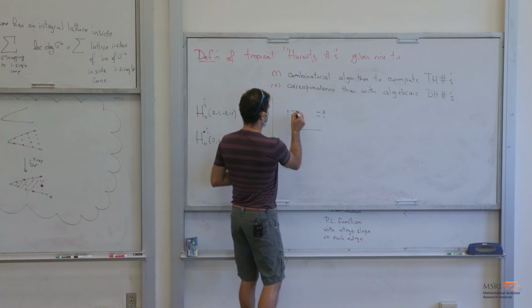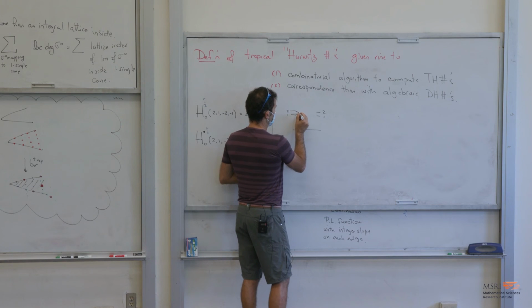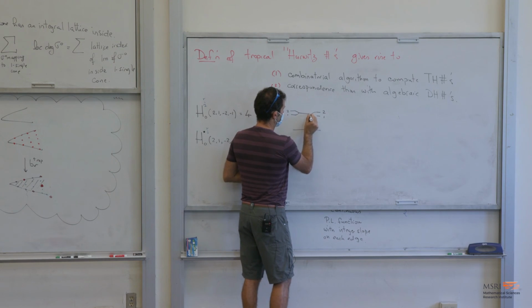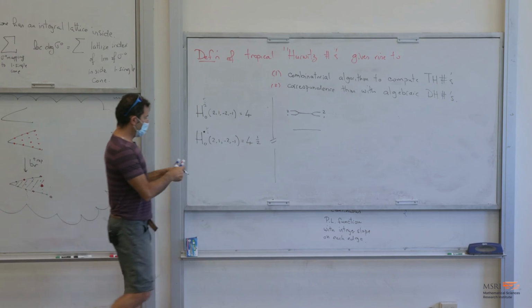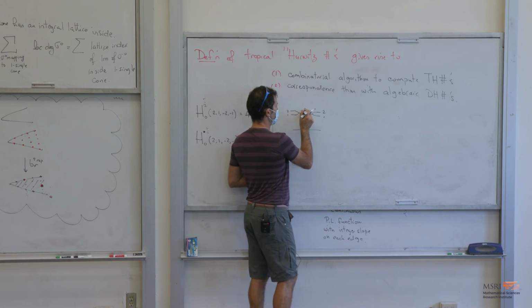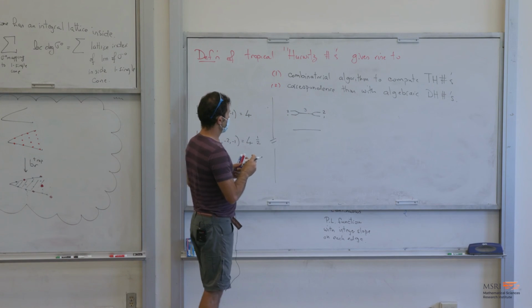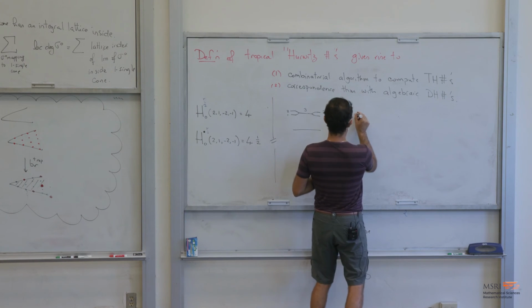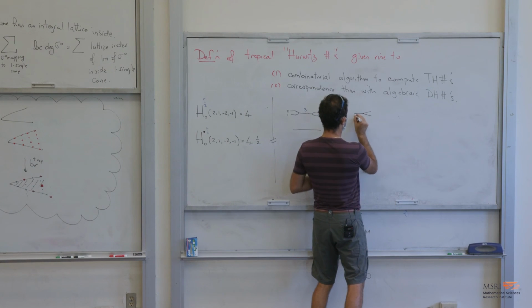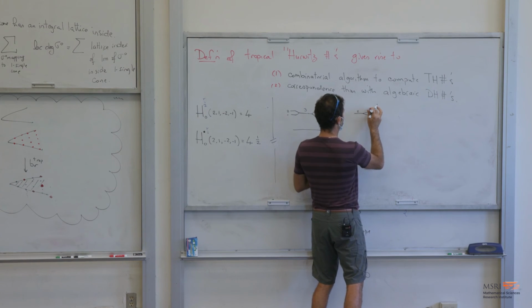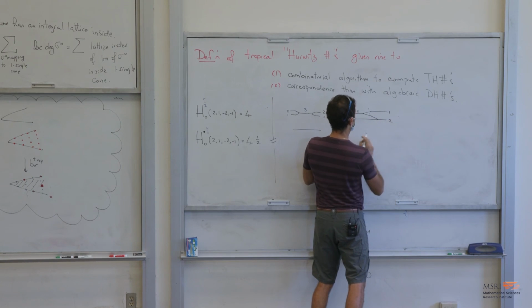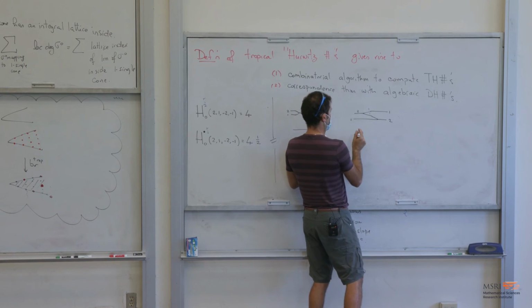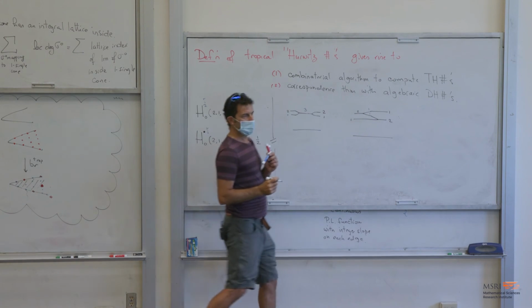So what are my options? Well, I can either join and then open, and if I do that, then this becomes a 3, okay? Or I can open the 2 into a 1, 1, and then glue the 1 to become a 2. Okay.